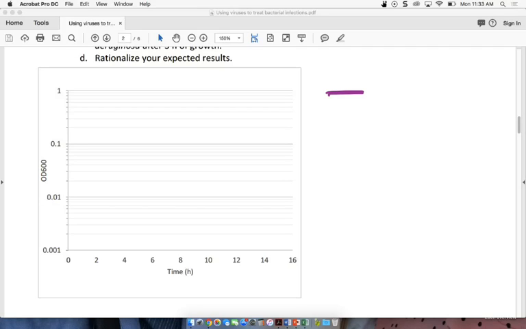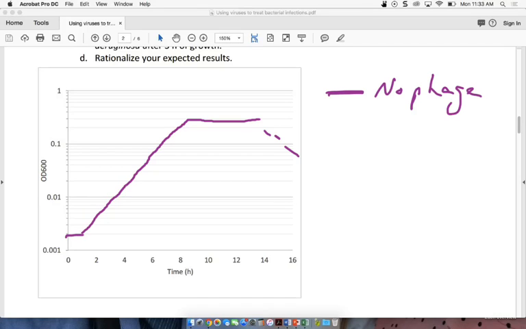The importance is not where does it start, the importance is more the general trend here. Okay? So 1 hour lag. Then we've got a log phase, and I just figured I'll take the log phase out to 8 hours. And at least we're going to see stationary. We may see death at that point too. Okay? So this is no phage, or phage if you're French.